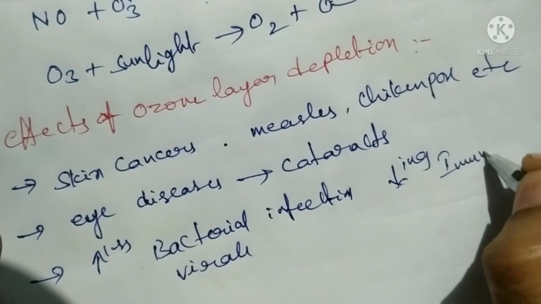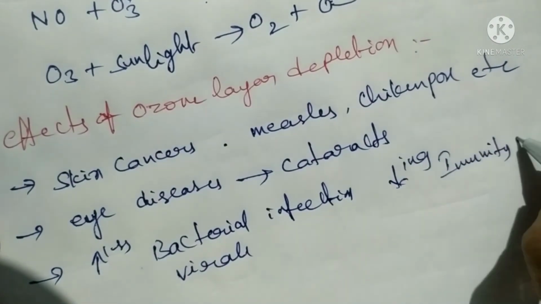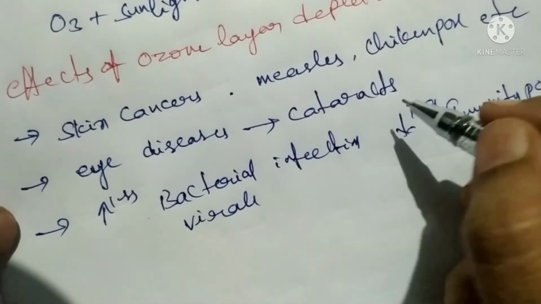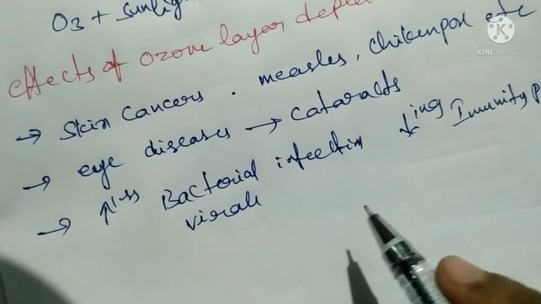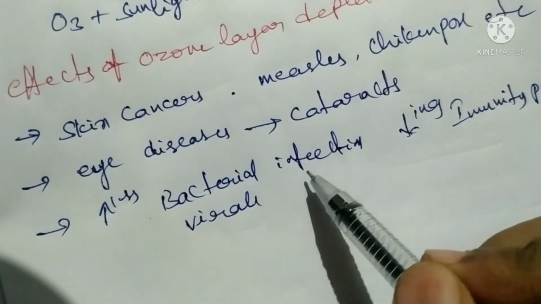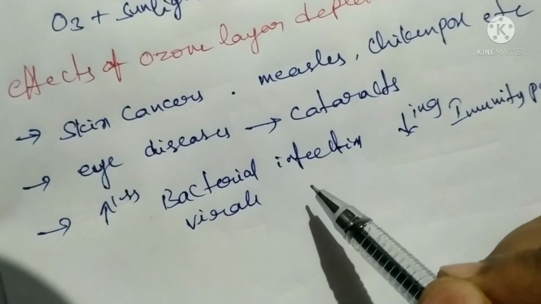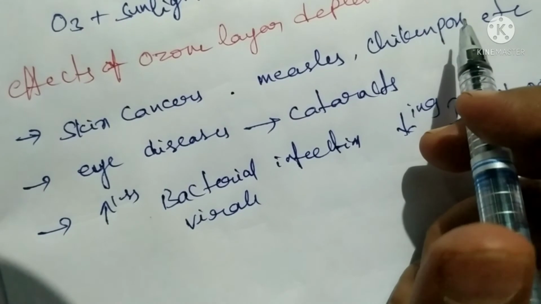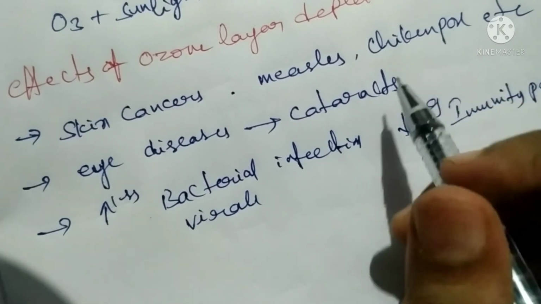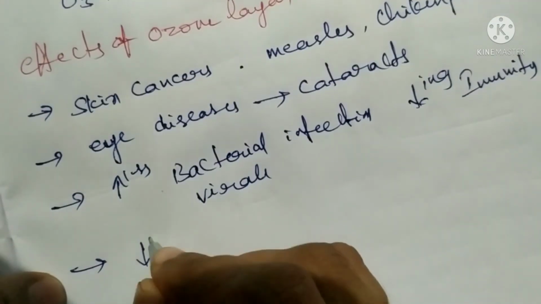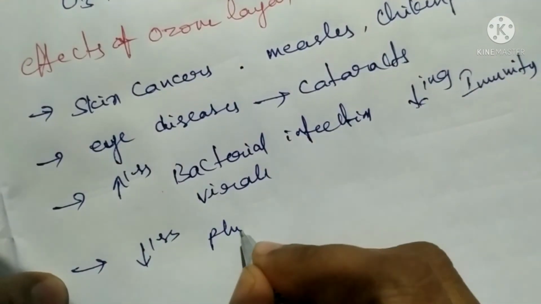Because immunity power decreases, bacterial infections like tuberculosis and leprosy are increased due to ozone layer depletion, and viral infections are also increased. It also decreases the photosynthesis process in plants.